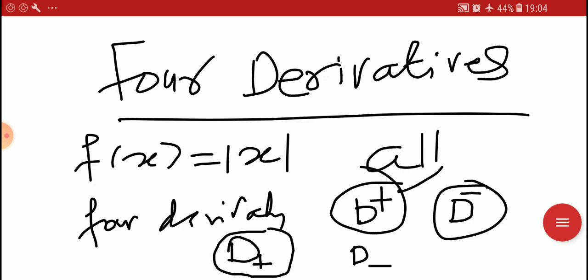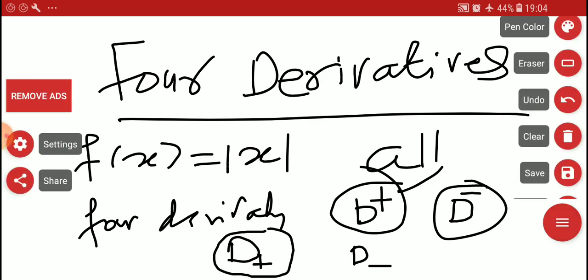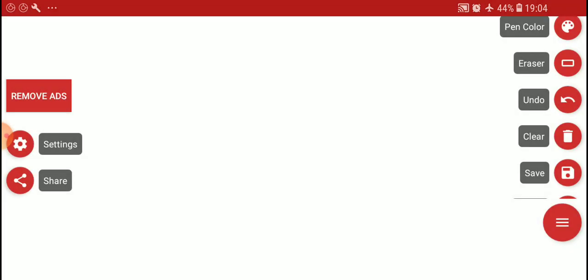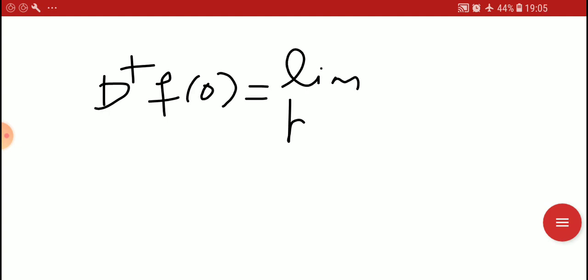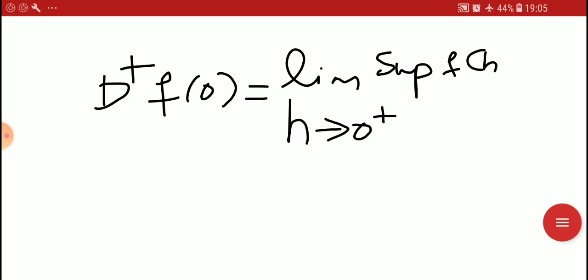Our question is f(x) = |x|. First find D⁺, the upper right derivative at 0. The formula for that is the limit as h tends to 0 plus, supremum by definition, of (f(h) − f(0))/h.